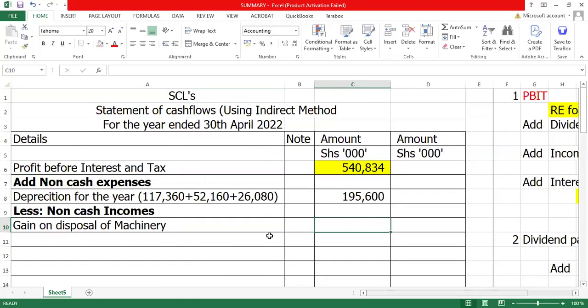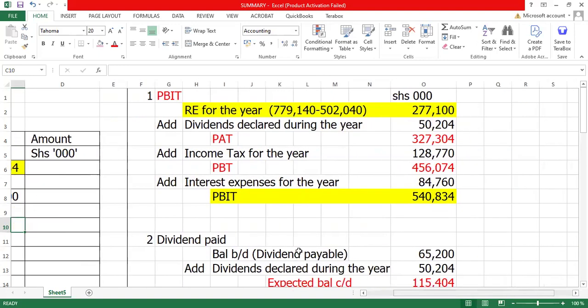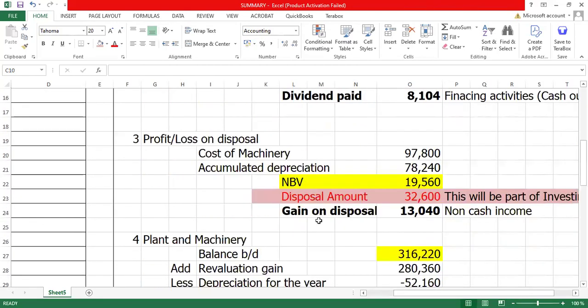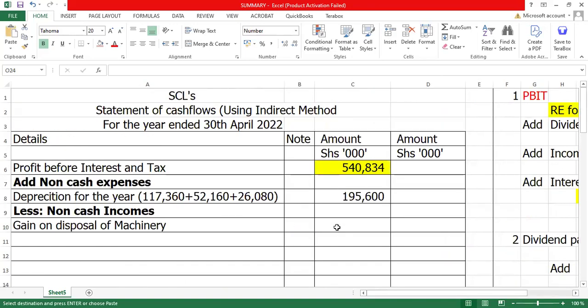It's not like you have received this. What you have received is the disposal amount, but not the gain on disposal. So what you're going to put as your non-cash income is this figure. Gain on disposal is not a cash income.